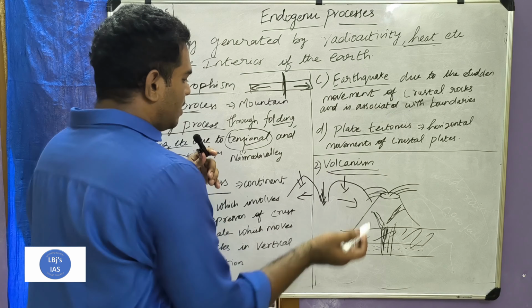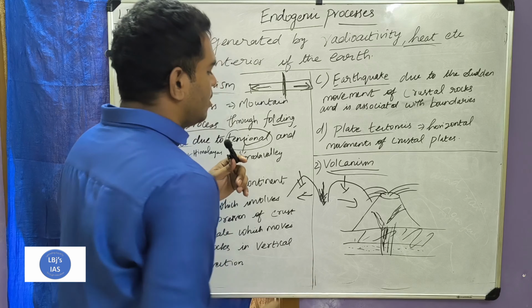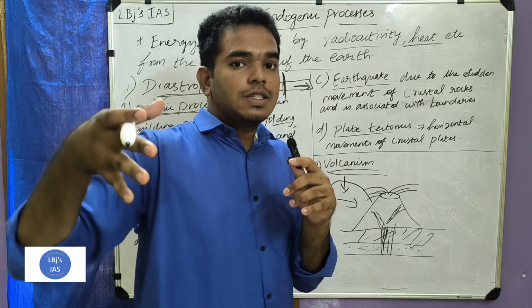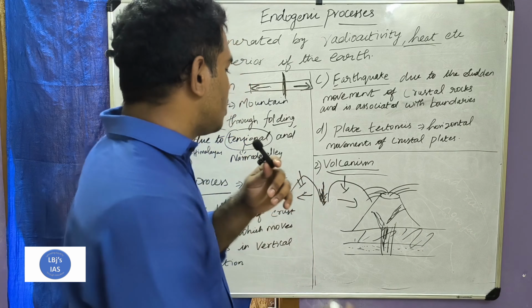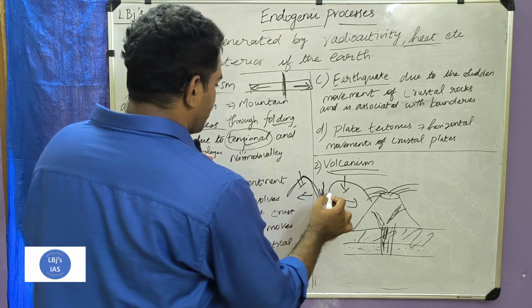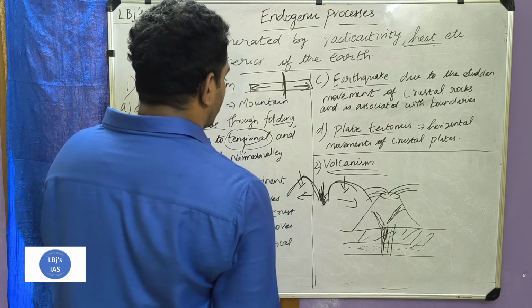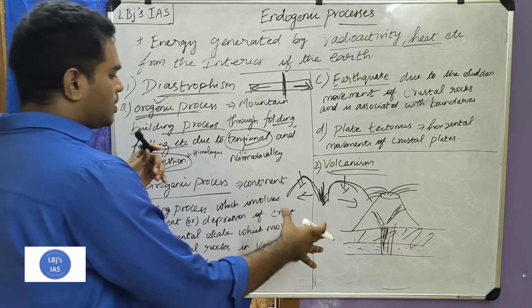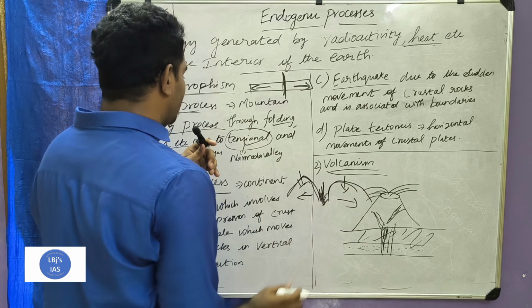This is responsible for the creation of a fault line, which is at a lower altitude than the surrounding place. So these places will be higher than the fault line, which is responsible for the creation of a mountain like this.